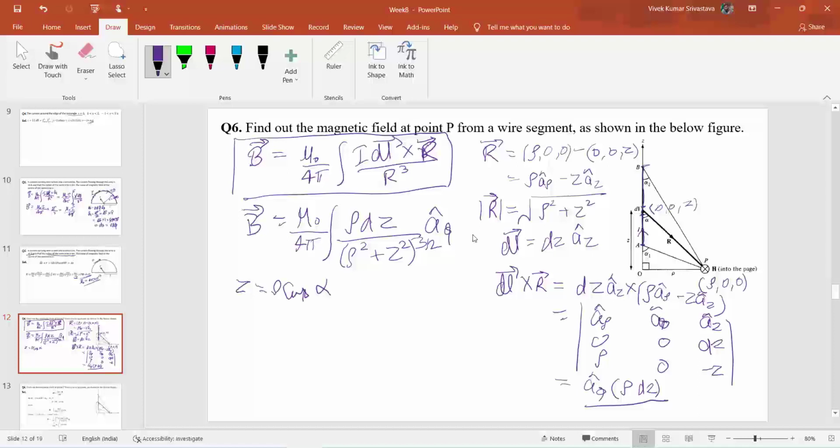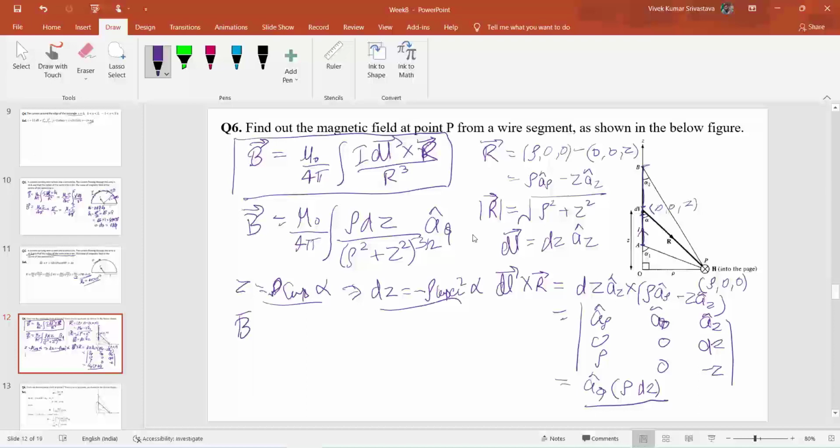This alpha is defined as the angle subtended between the differential length dl and the vector r. So dz we can find as minus rho cosec square alpha. This we can put in this expression.